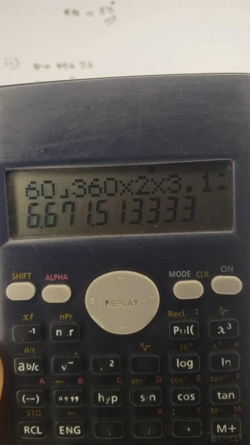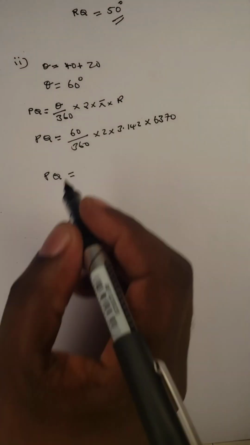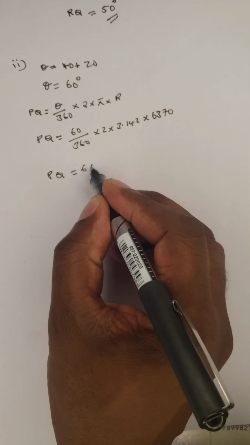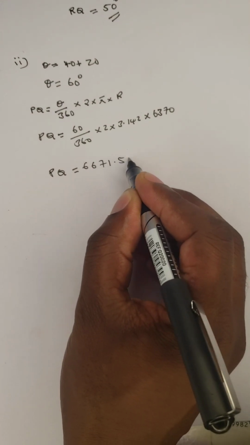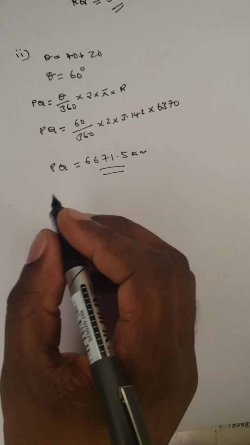So we leave our answer in 1 decimal place as 6,671.5 kilometers. So our answer, we will write it here: 6,671.5 kilometers. That's the distance between P and Q.